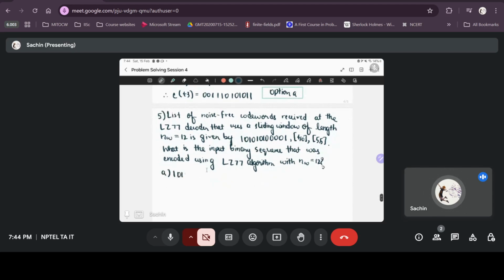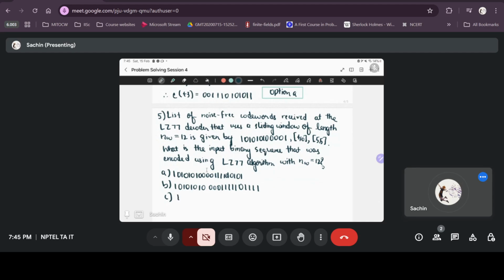Options are 1010, 1010, 0001, 1110, 10101. Option B is 10101010 0001 and 4 1s 0 4 1s.